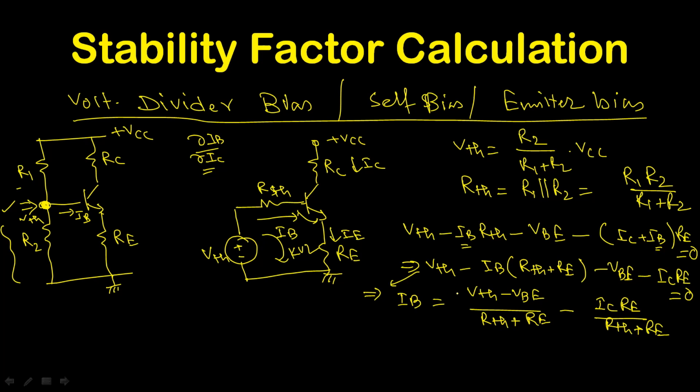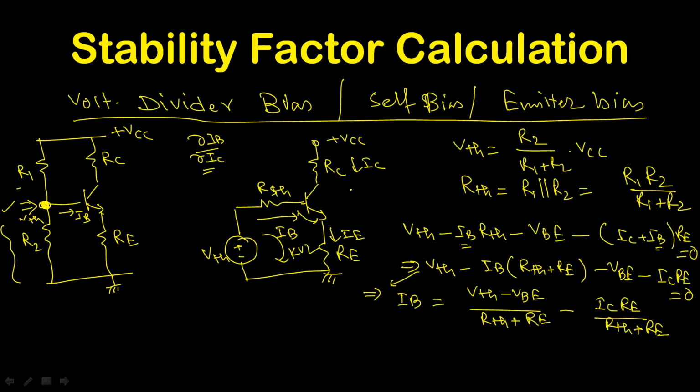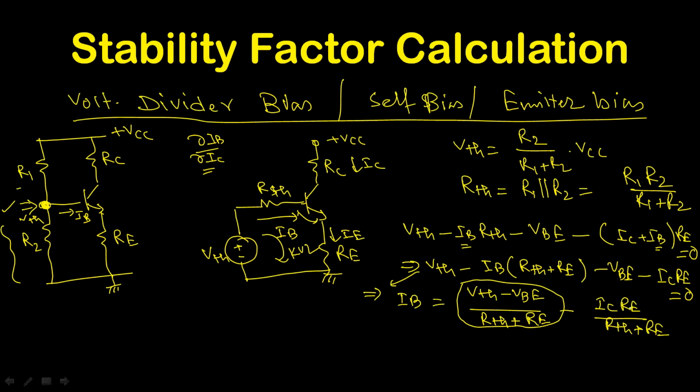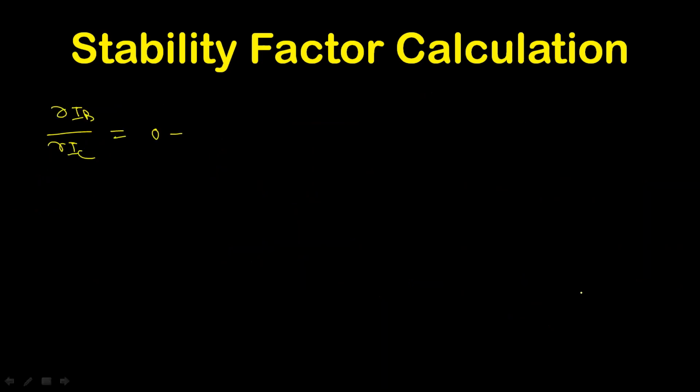Okay, so let's perform the differentiation. del IB by del IC equals, just see here, the first term, VTH minus VBE by RTH plus RE, is basically constant, so this one will give 0, minus the second term, RE by RTH plus RE into IC.